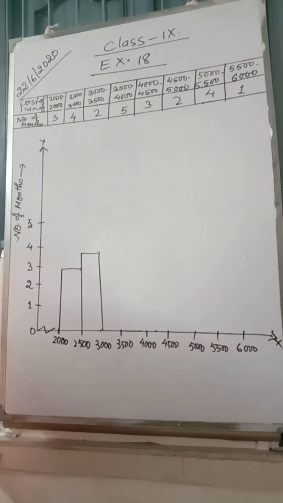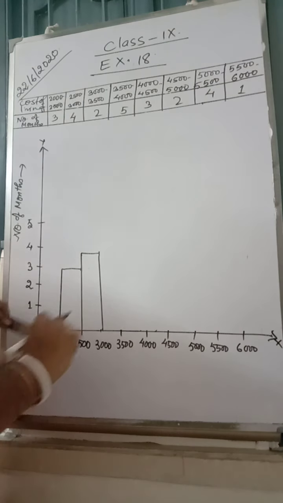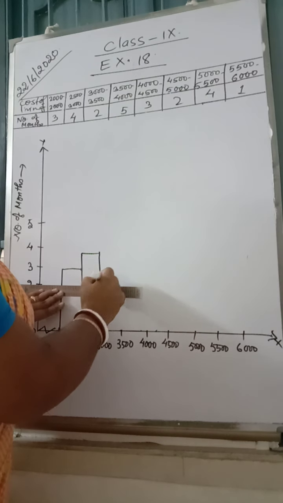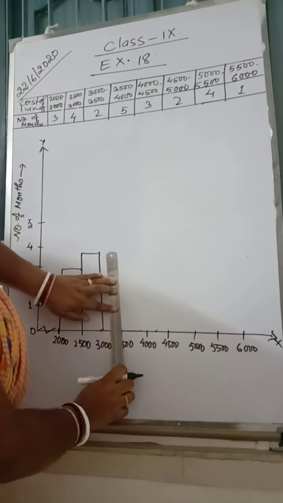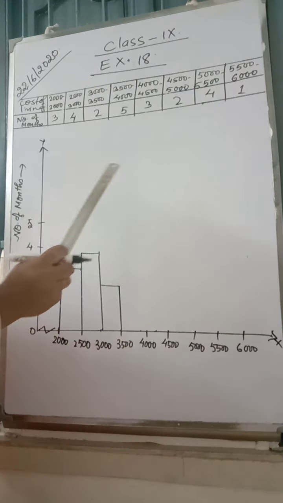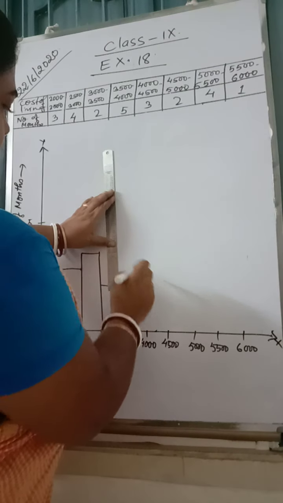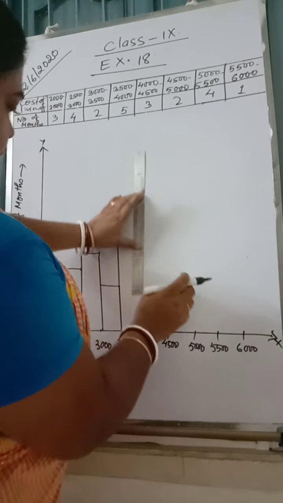Clear? Now next we have 3000 to 3500, 2. So where is 2? Here is 2. So this is 2, and then we'll be drawing it here. Clear? Then we have 5. So this will go up to 5.